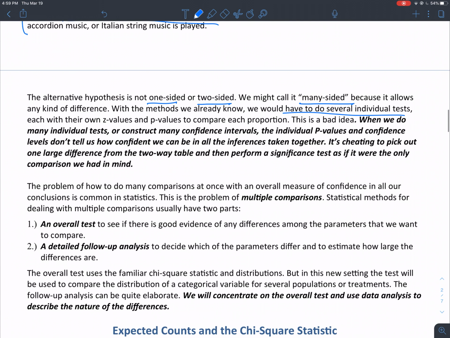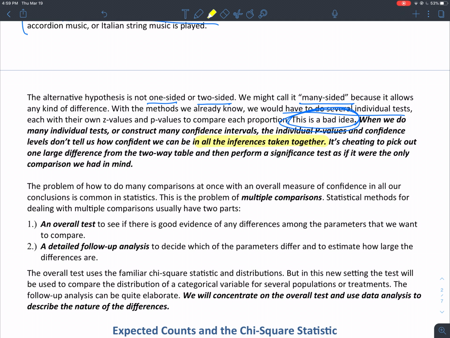But that's a bad idea, because when you do that, you are separating the data from each other, and you're not taking everything into account together. So we want to do all the inferences taken together.